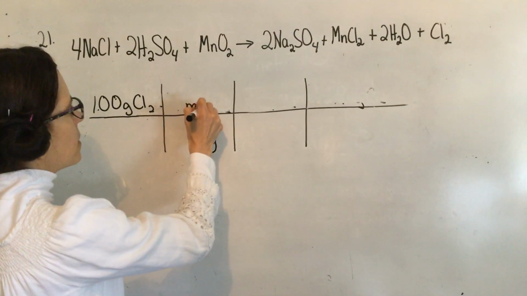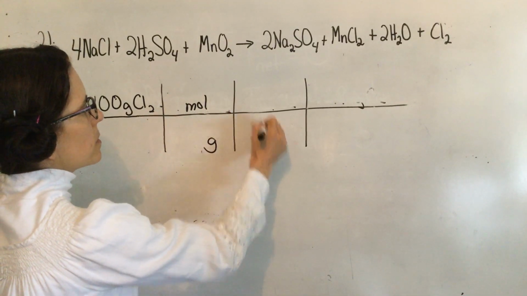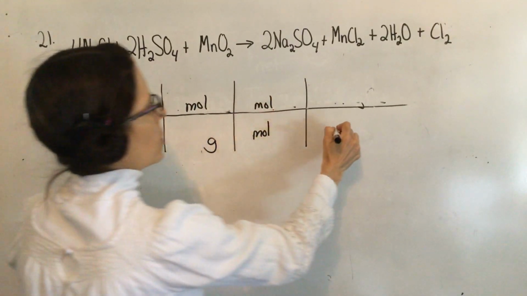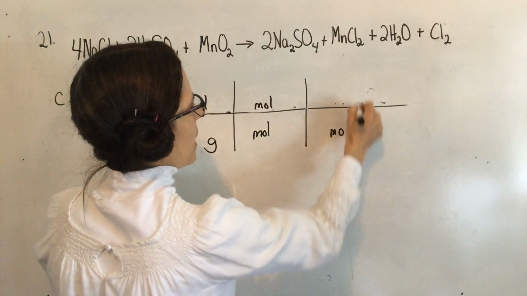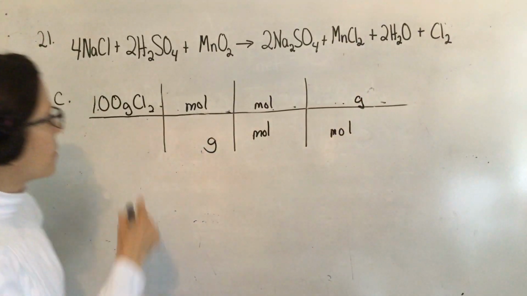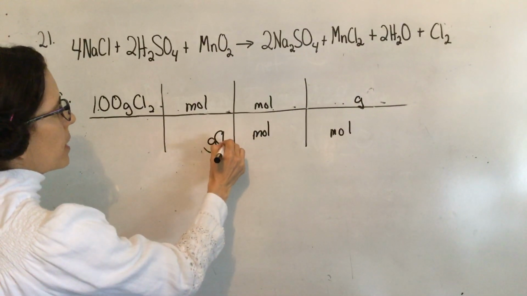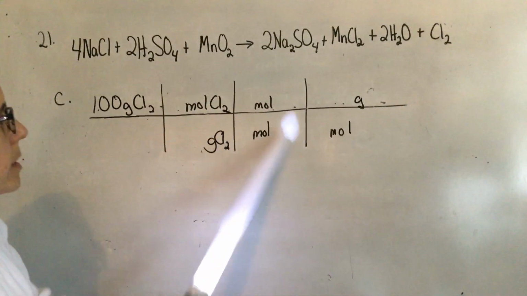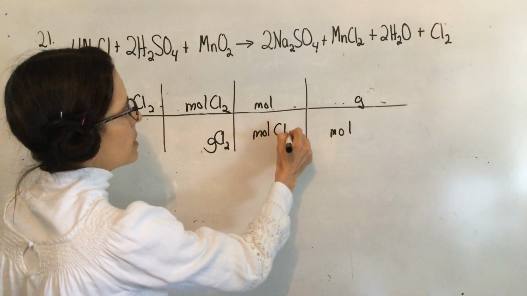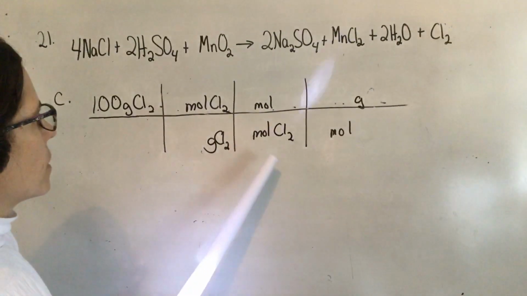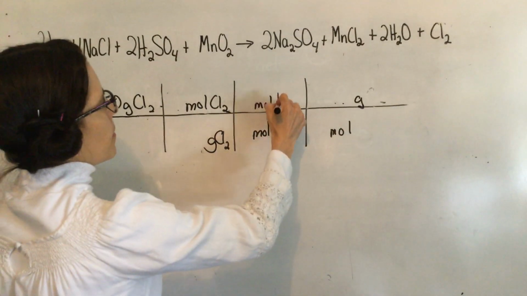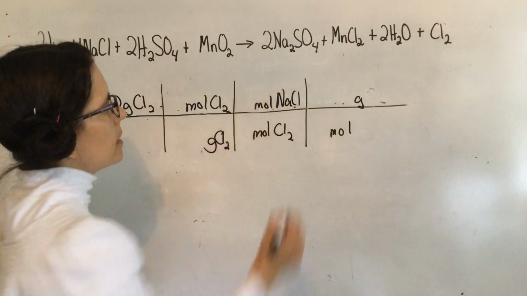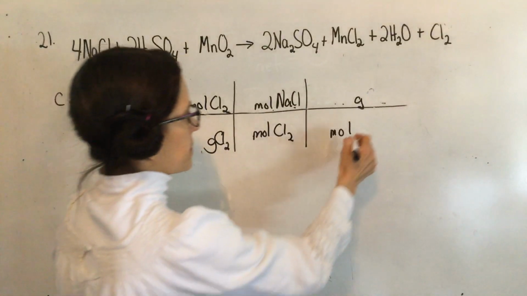Grams to mole, mole to mole, mole to grams. All right, then we go back and we're going to put the substances in. Chlorine, chlorine. Middle substance, or the middle part, is where we go from one substance to the other. So it's giving you chlorine, asking about sodium chloride, moles to grams.